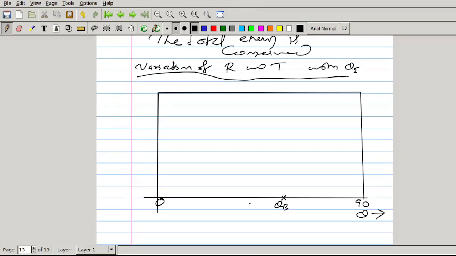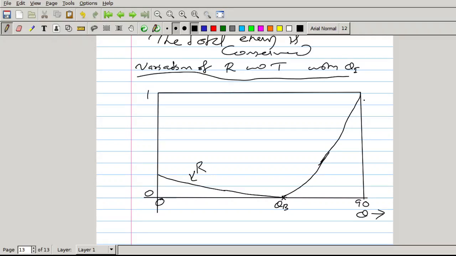We have drawn like this in the case of amplitude. When you take the square of that, it will be positive. So we will be having 0 and 1. So here also we will have a positive reflection coefficient since it is the square of the amplitude. At theta B, the reflection coefficient becomes 0, then it increases.